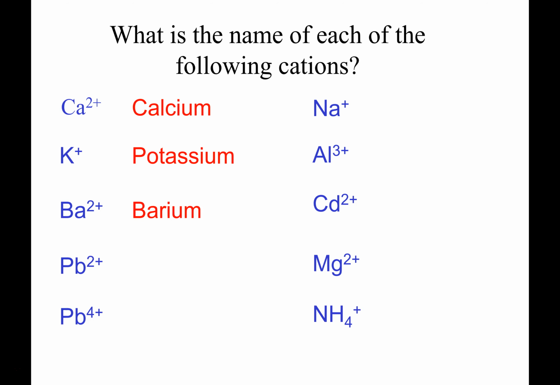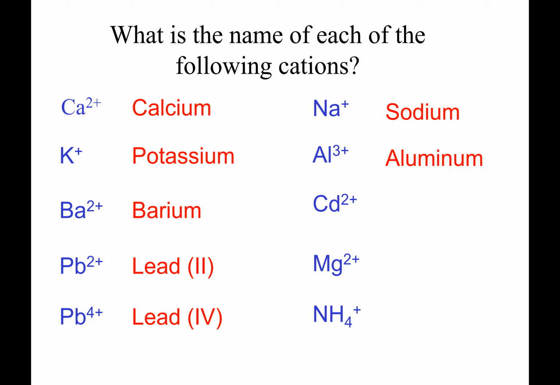How about lead? Lead 2. Very good. And that would be lead 4. How about sodium? Sodium. Aluminum. Perfect. Cadmium. Very good. That one throws me off, but you're right. Magnesium. Yep.